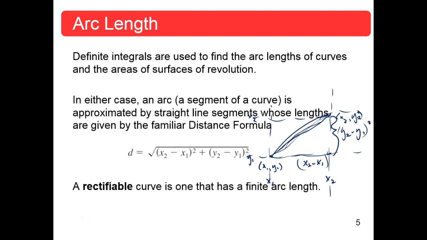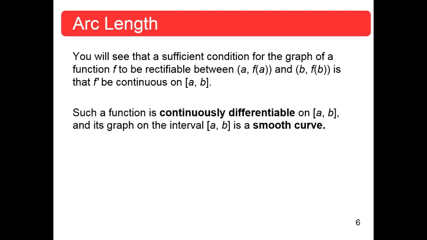So if you got some curve that's going to infinity somewhere, it's not going to be rectifiable. Anything that has a finite arc length is rectifiable, which I think means you can approximate it by a right triangle. I don't know. Don't run into that word very often, so I'm making a guess there.